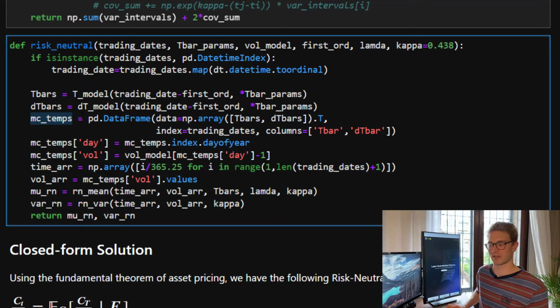So I'm building up this data frame so that I can get the average temperatures as defined by our modified Ornstein-Uhlenbeck process. I'm going to pass that in for our risk neutral mean and our risk neutral var, and then we're going to return our risk neutral mean and our risk neutral var given our model and circumstances of the trading dates that we're interested in.